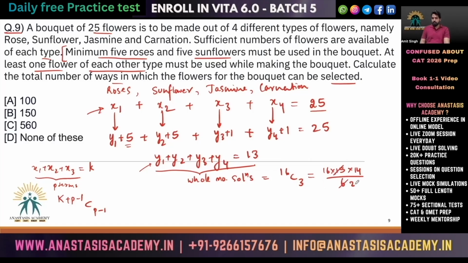So 3 2 times, 3 5 times, 2 7 times. So this becomes 80 into 7, and 80 into 7 is 560. So the total number of ways would be option C, that is 560.